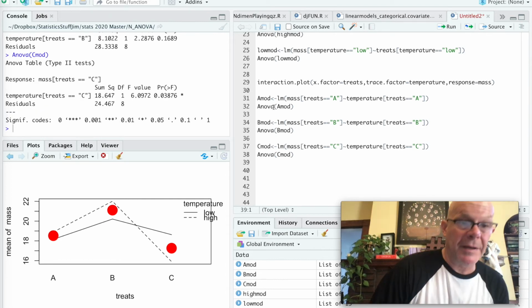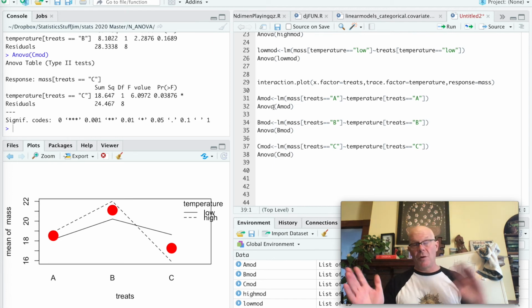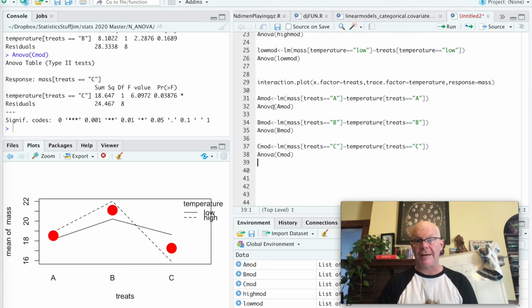And this is where it would be problematic if we just ignored the interaction term and went ahead and interpreted our main effects, because we would be wrong by saying that we failed to find an effect of temperature. Actually, temperature appears to potentially be important, but only in treatment C, not in treatment A or treatment B. And so we'd want to do that whole splitting up of the model, and then that's the information that we would convey to the people that we were communicating to about our study.